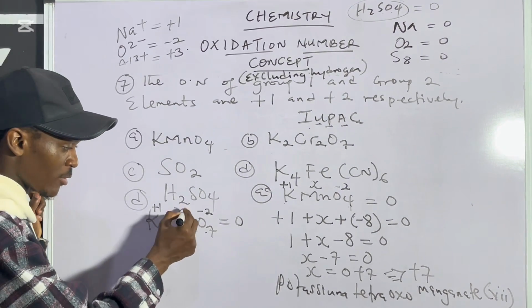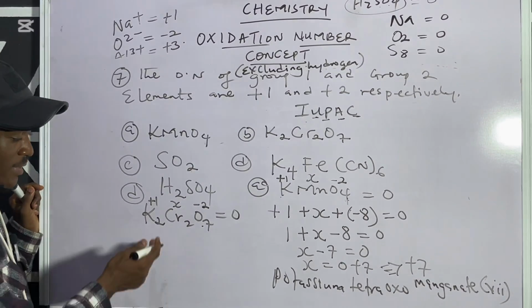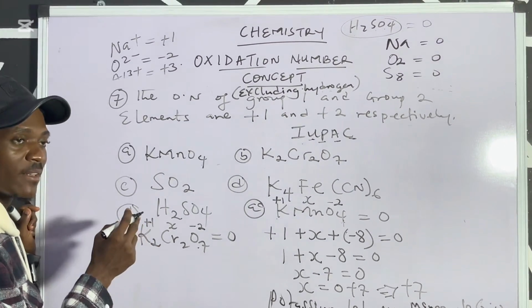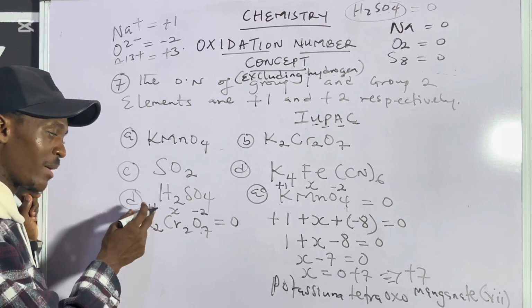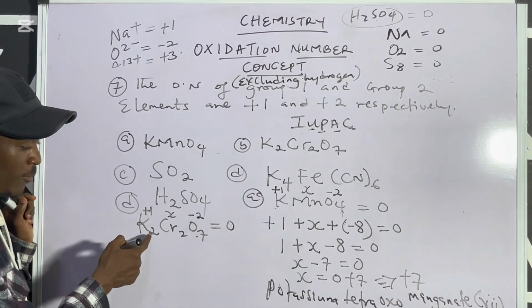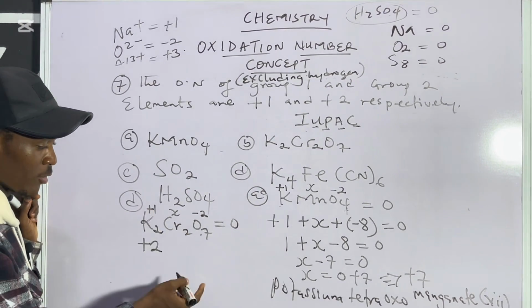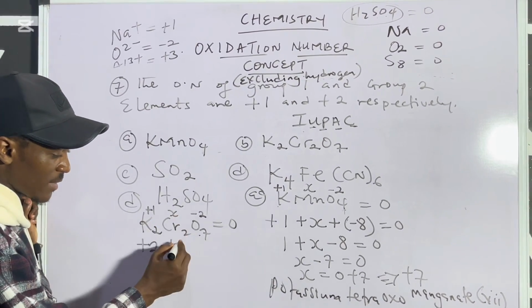Then while this chromium is unknown, you are told to find the oxidation number of chromium. How would you go about it? You have to multiply this number. See, the twist is this. Any element in a compound that carries a subscript number, you have to multiply that number by the charge. So in this case, if we multiply it, we are going to arrive at +2, which is 2 times +1, +2. Then while this number, you still consider it plus 2 times x is what?